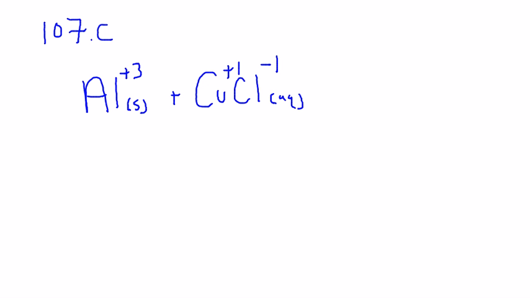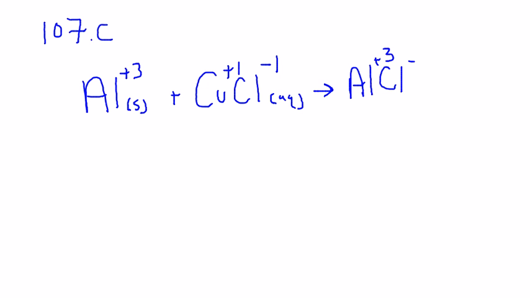So these two compounds combine to react and make aluminum. Oops, that looks like a 5. It should be a 3. Aluminum chloride.